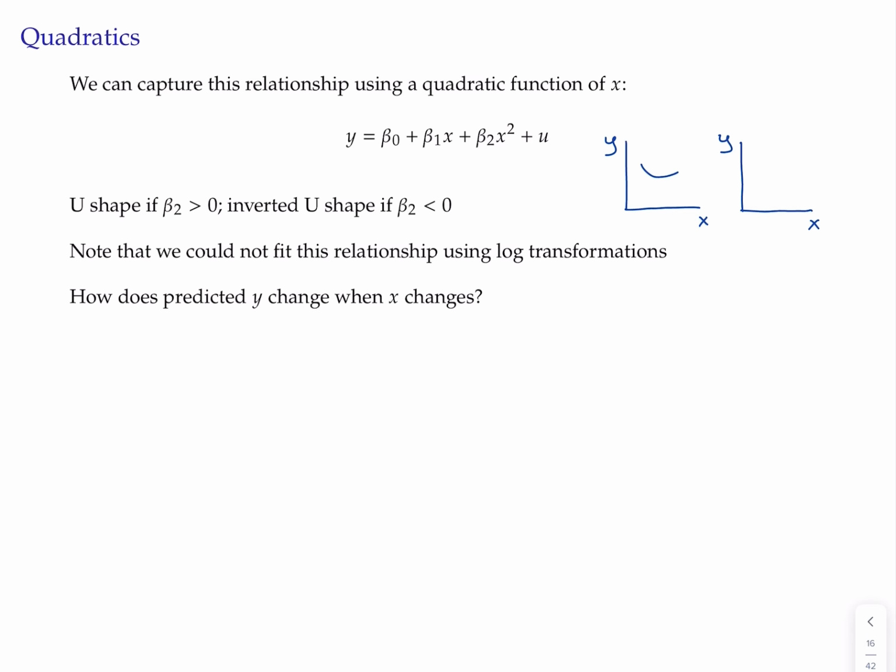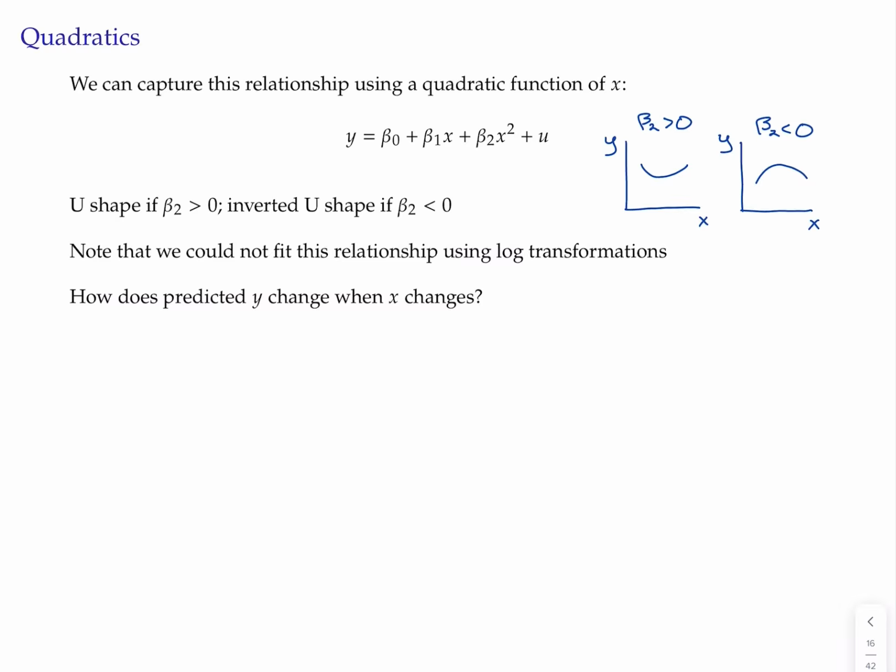So if beta 2 is positive, that goes with this U shape, this convex parabola. And on the other hand, if the relationship, like we saw in the previous slide, has this concave inverted U shape, then that's going to be described by beta 2 being negative.